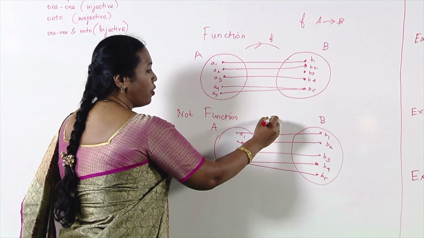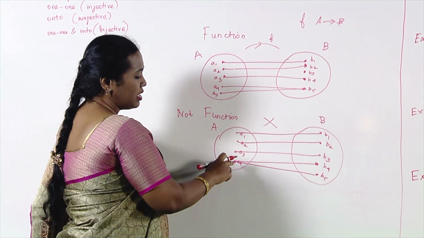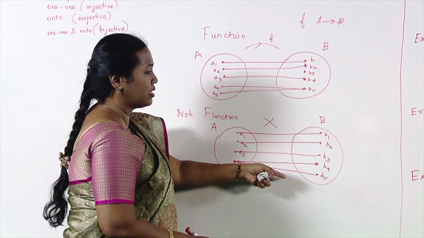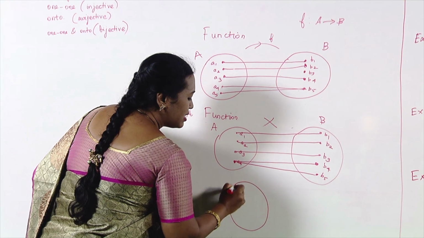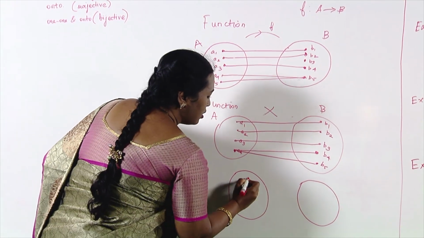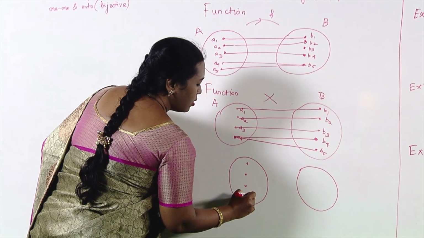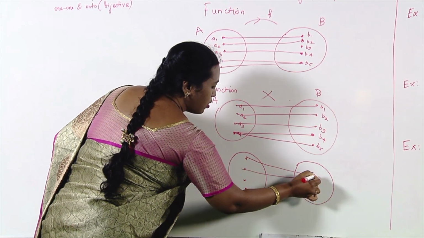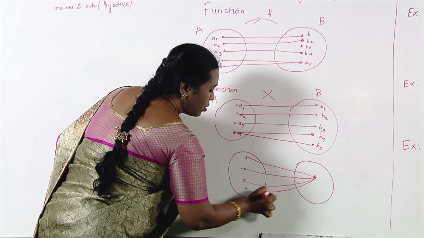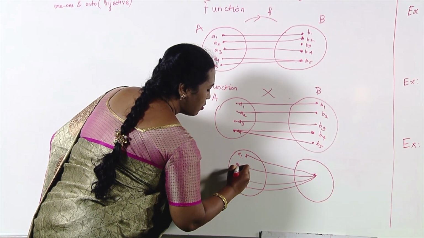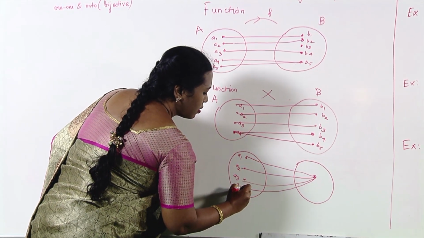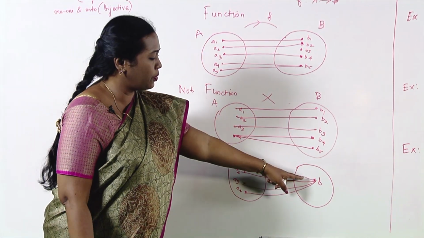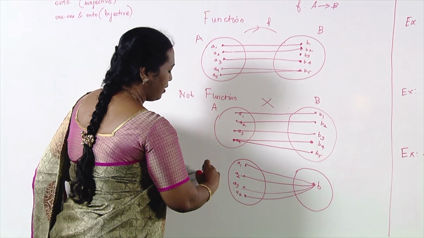This is also not a function because one element cannot be mapped to two different elements, whereas this is a function. So, all of these elements are being mapped to B only. This is an example of a function.